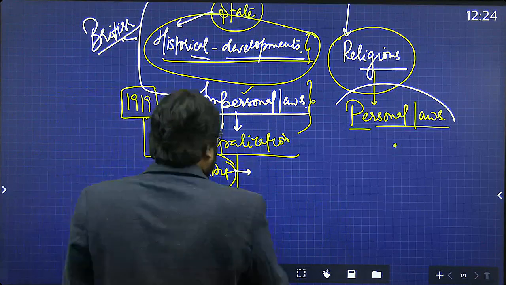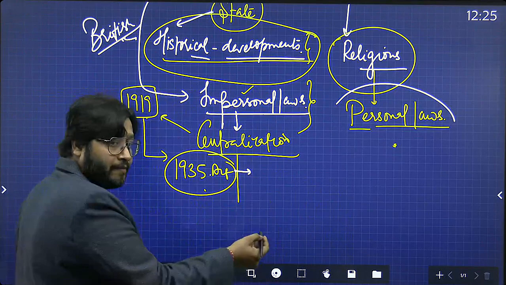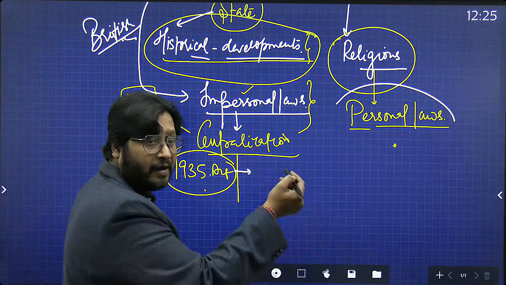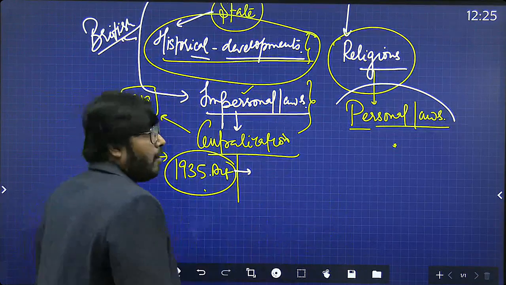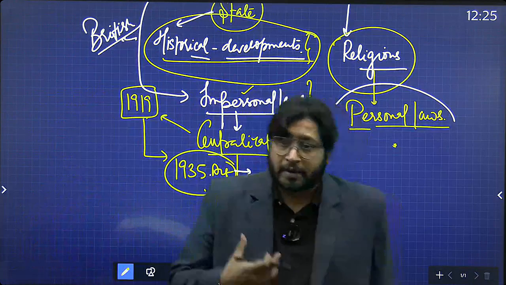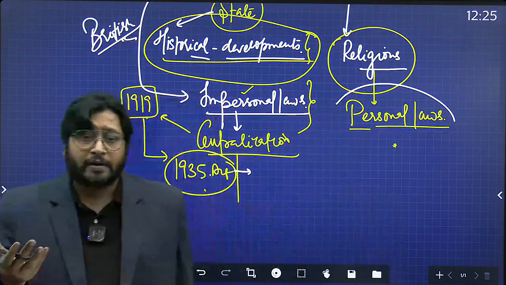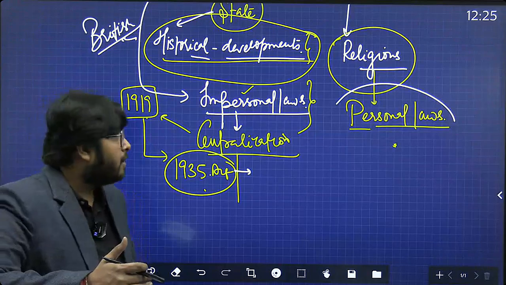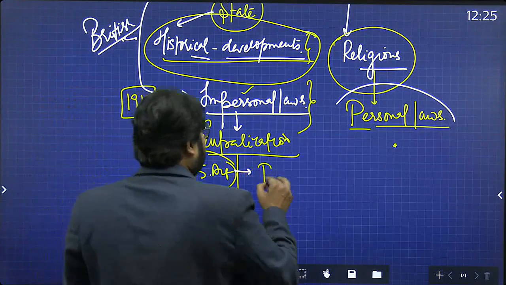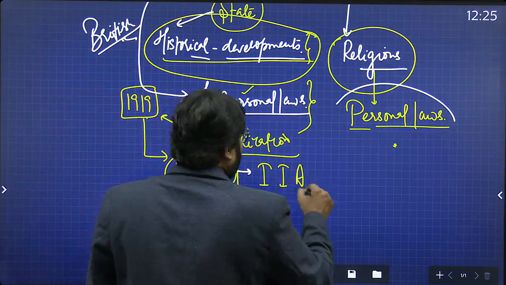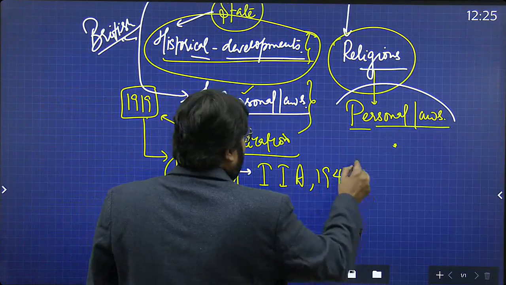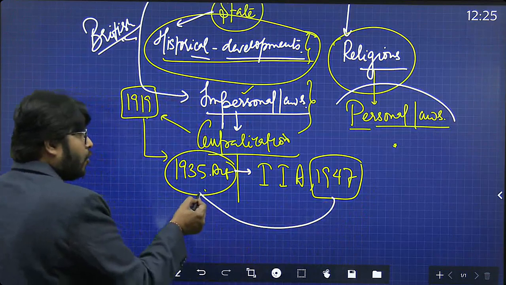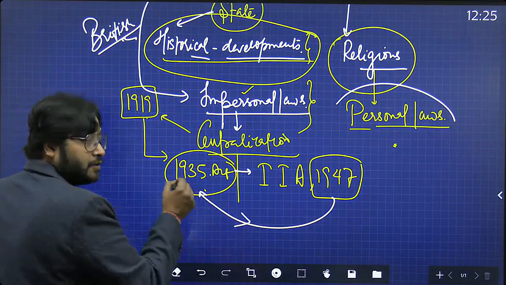So to overcome this drawback, they came up with the India Independence Act 1947, right? Or they established the Constituent Assembly, which again they had to break into two, and ultimately they had to go for partition, right? So you can say this became the actual basis. This, no doubt, borrowed many of the features of this act.